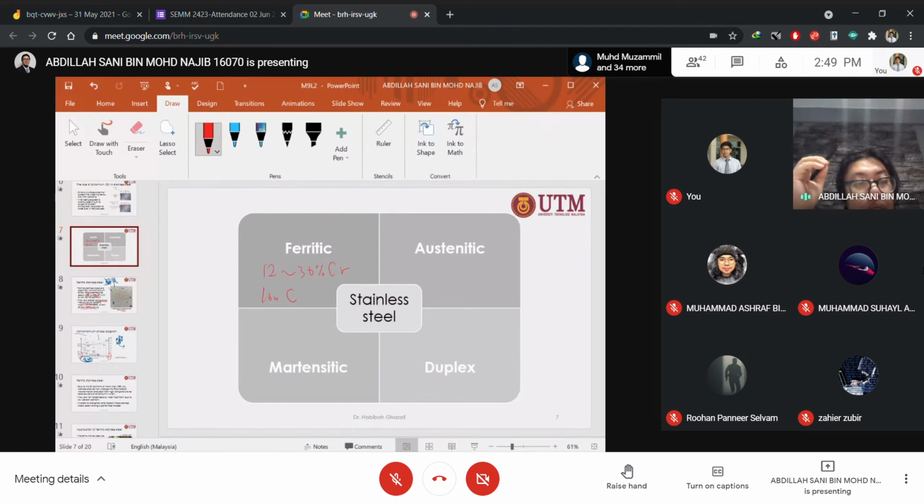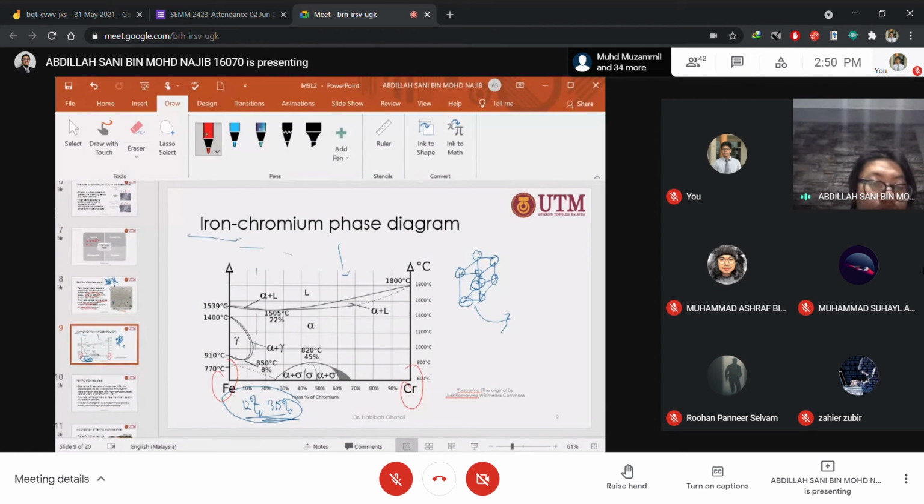Let's see, 12 to 30, so it should be around this area. It does not involve this area of austenite, so it always remains ferrite.